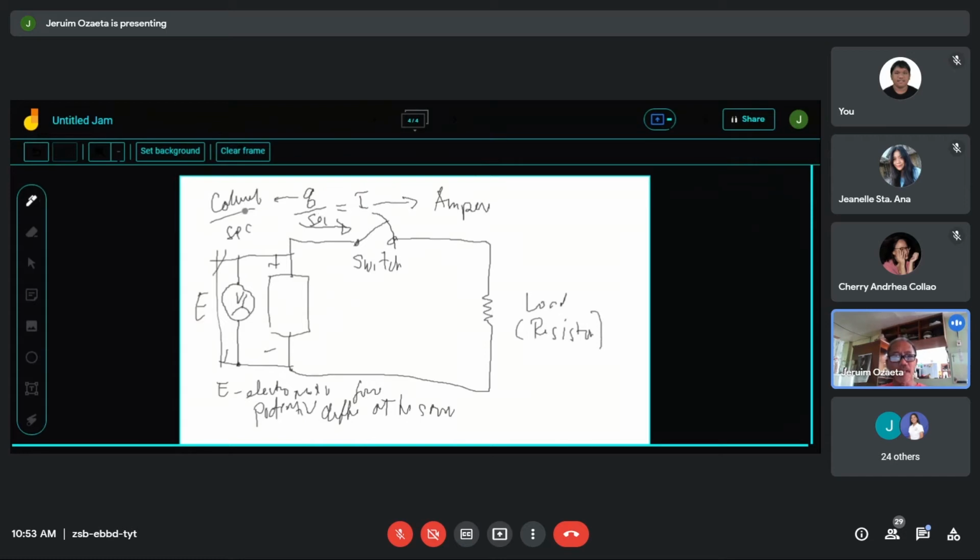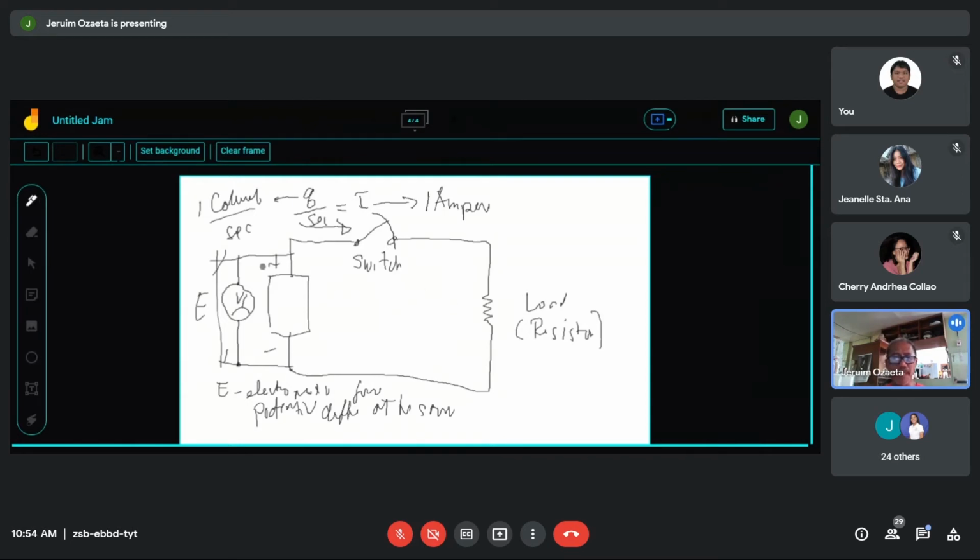A flow of 1 coulomb per second is a current of 1 ampere. If, for example, there is 1 ampere that flows throughout the circuit, that means to say that the source of the charge is able to supply this ampere to be absorbed by the load.